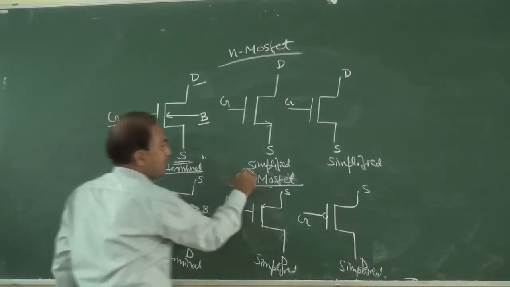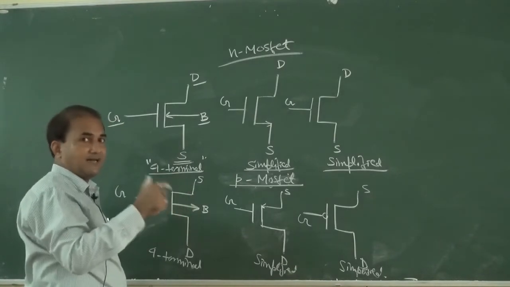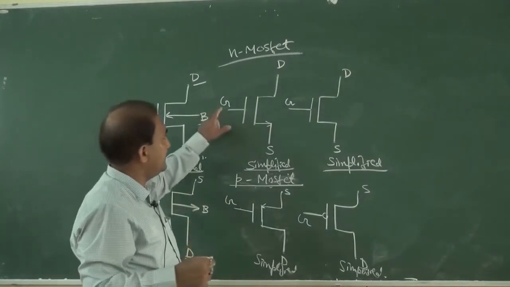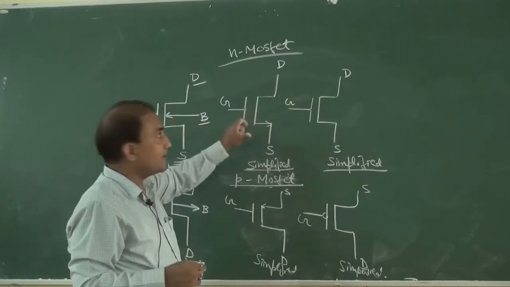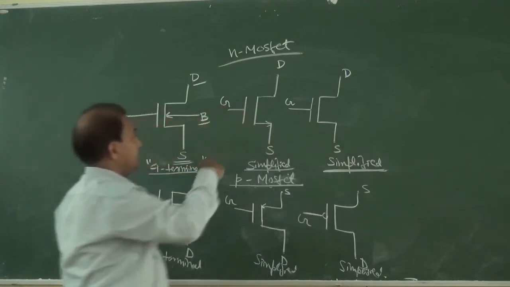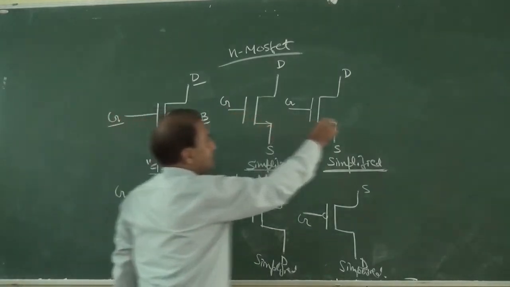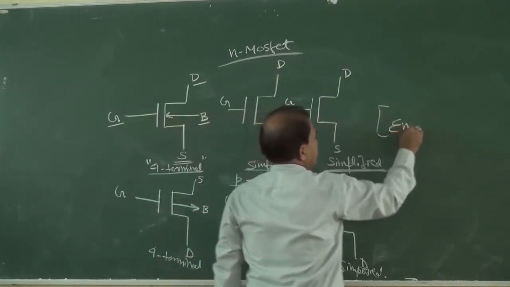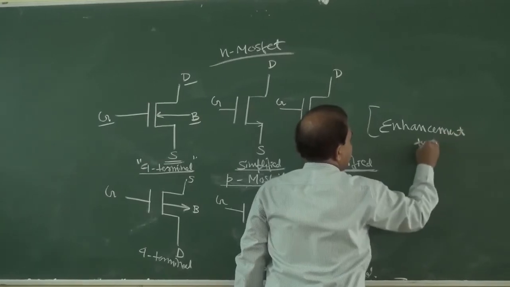Similarly, this is the simplified circuit level symbol for N-channel Mosfet. Here it is gate, drain, source, and body terminal is missing. Okay, and this is also the simplified symbol for N-channel Mosfet. Similarly, for P-channel enhancement type, this is for enhancement type.